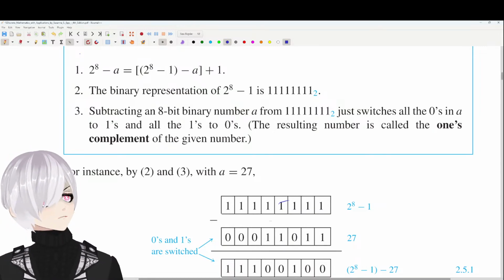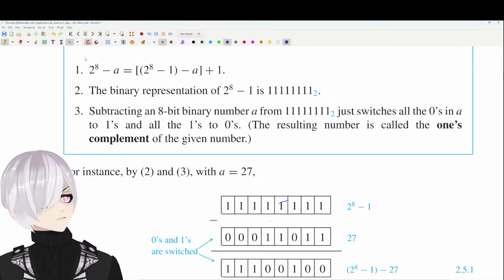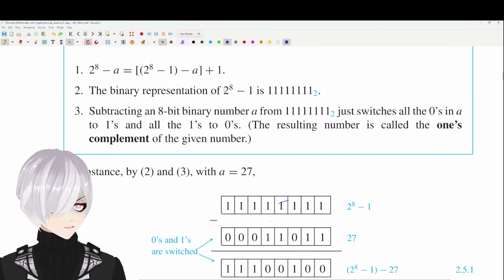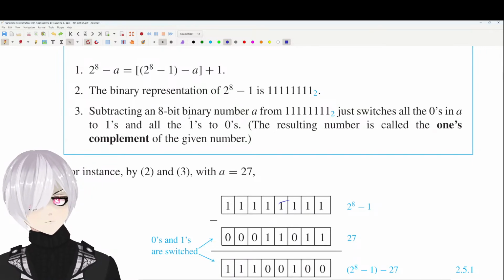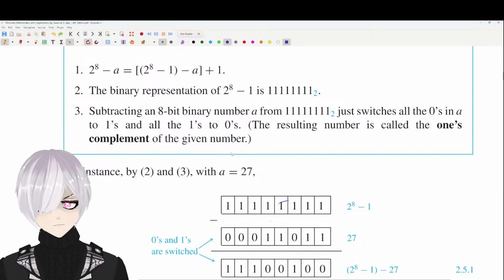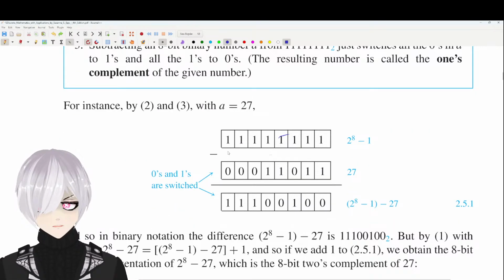The binary representation of 2 to the 8 minus 1 is 8 ones. Subtracting an 8-bit binary number a from 8 ones just switches all the zeros in a to ones and all the ones to zeros. The resulting number is called the ones complement of the given number. For instance, with a equals 27.